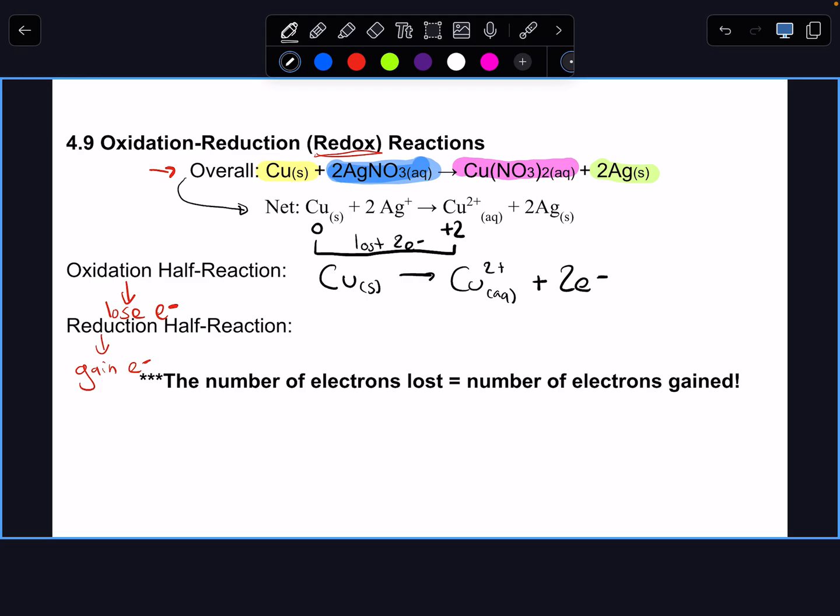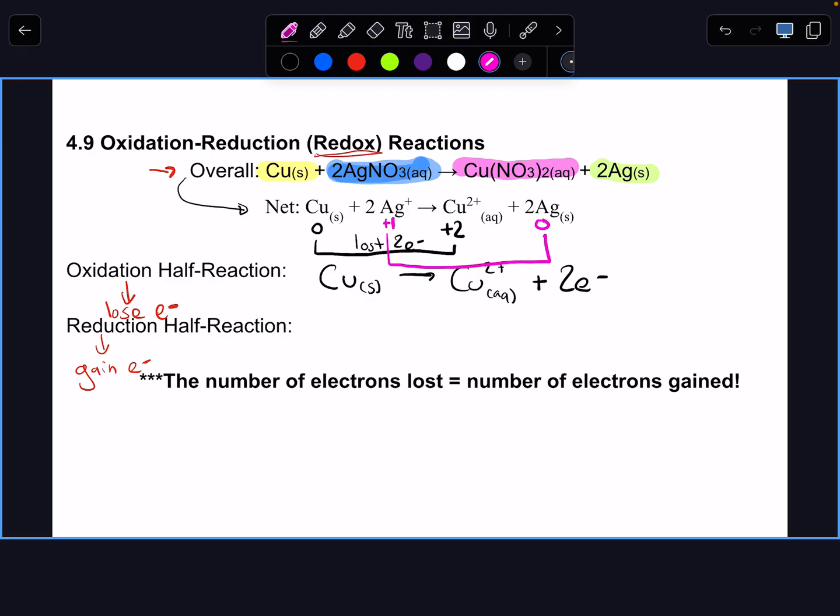So our silver, let's track that one. Silver started as a +1 charge because it was an aqueous ion, and then it became 0. And this maybe helps in the name of the word of why it's called reduction, is because the charge itself went down.